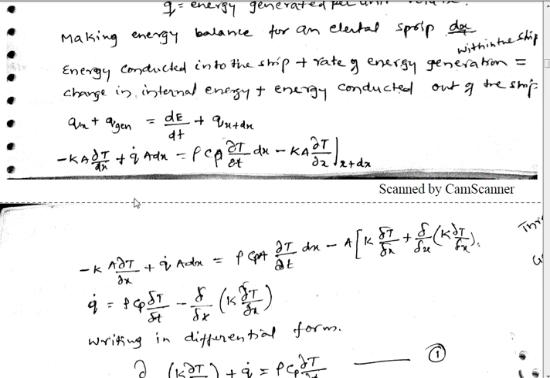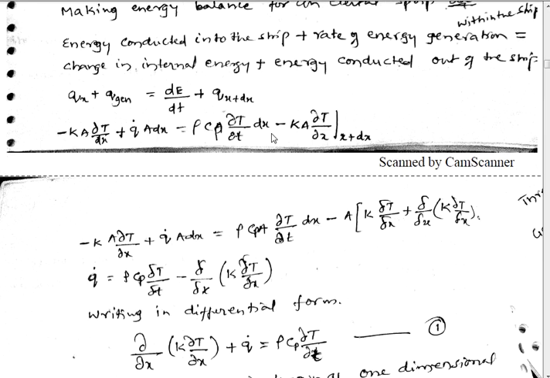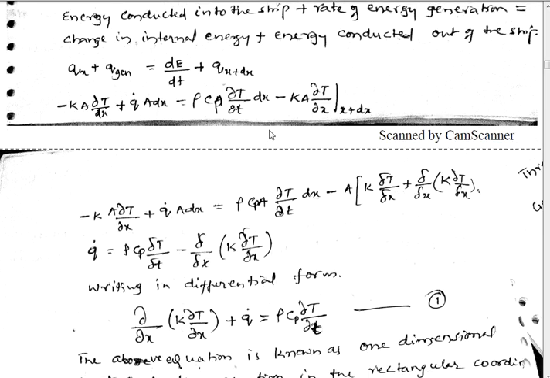Initially we take q generation also, and later we are going to eliminate it, that is, without internal heat generation. Then dE by dt is the change in internal energy per unit time, and q at x plus dx is the amount of heat conducted out of the element through the RHS.